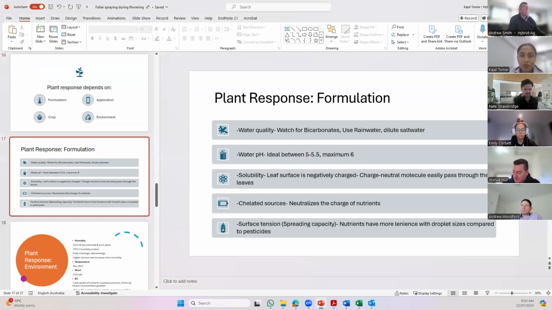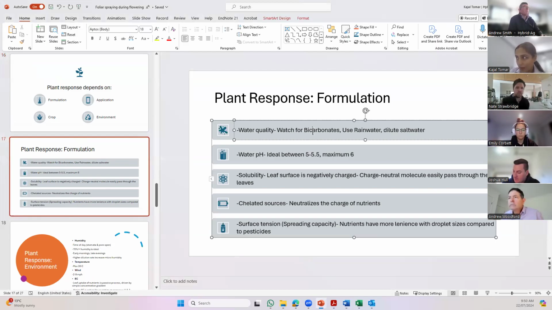Formulation, so water quality. Water quality when we're applying foliar is very important. Generally watch for bicarbonates, because bicarbonates can impact the solubility of some of the nutrients.